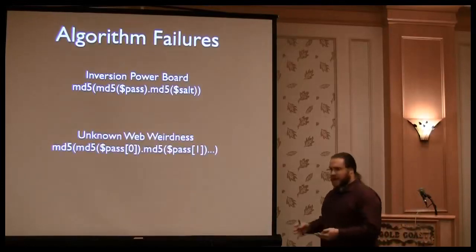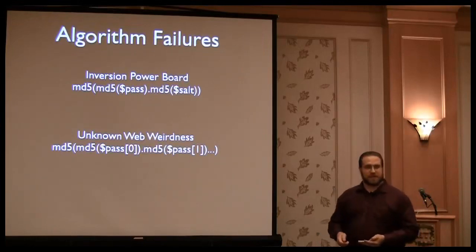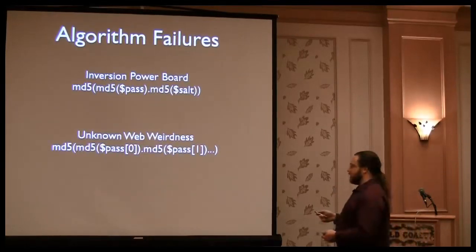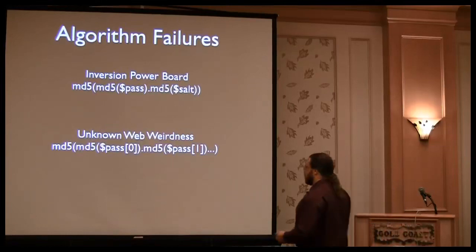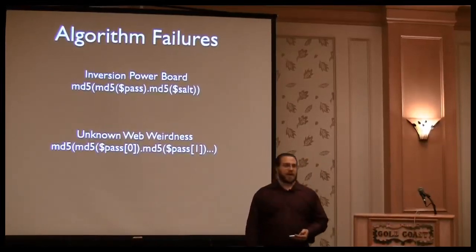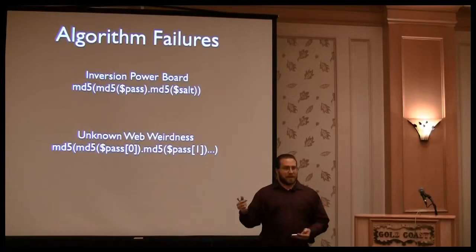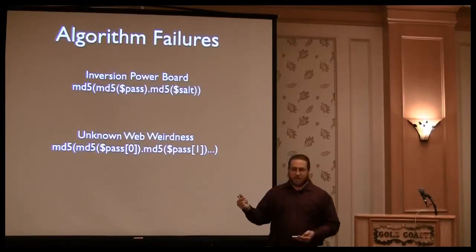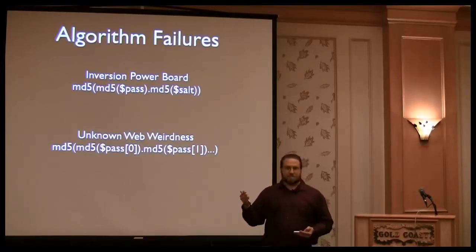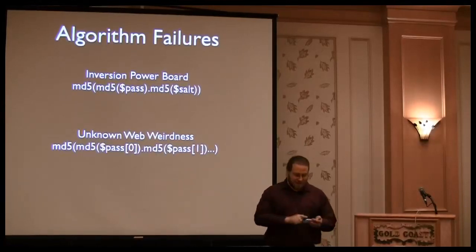The second one, I actually don't know where it came from, but I did implement this for fun because someone asked me to. It is clearly the result of somebody who decided they needed to put more MD5s in their password hashing algorithm. So they take the MD5 of each individual character, they concatenate that together, and they take the MD5 of the result. If any of you wrote this, please don't tell me.